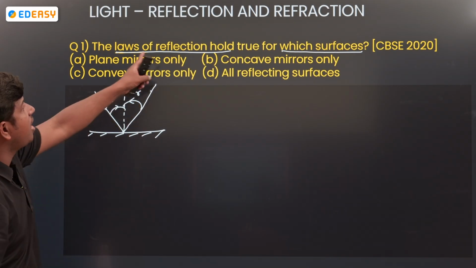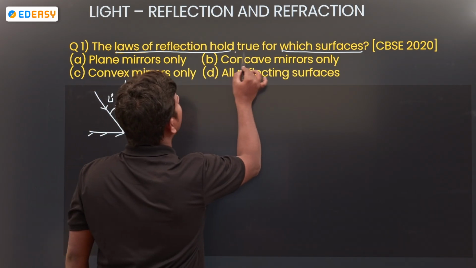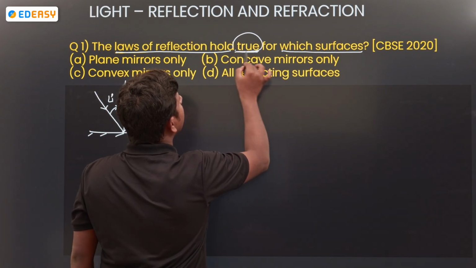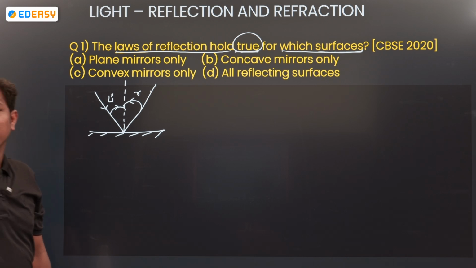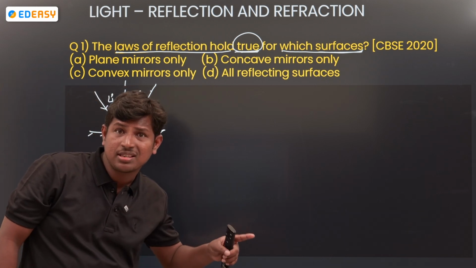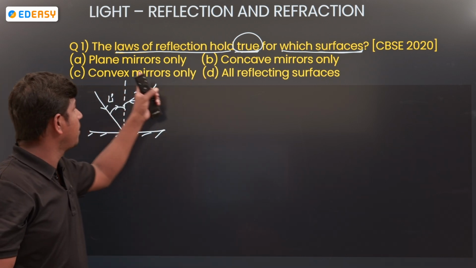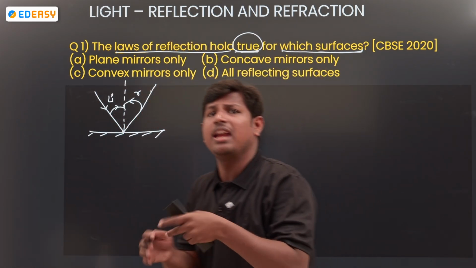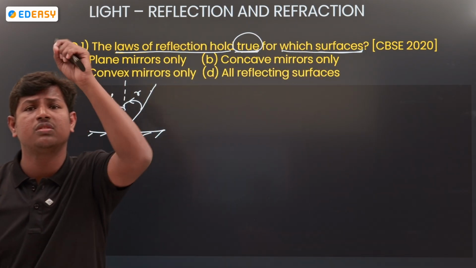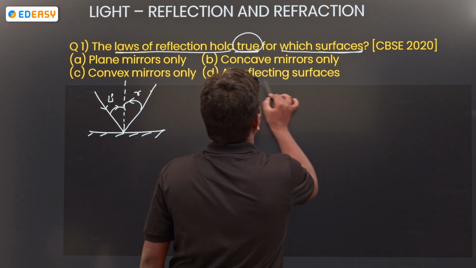So the law of reflection holds true for which surfaces? Is it for rough surfaces or smooth surfaces, or plane mirrors or concave mirrors or convex mirrors or any other type of mirrors? It holds for all reflecting surfaces.